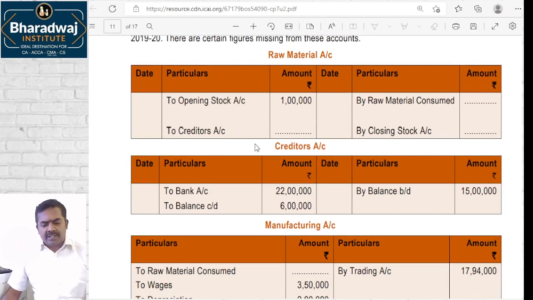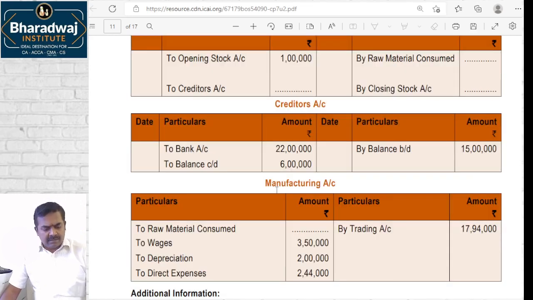Which account can we start with? Creditors account. Start. By balance brought down 15 lakhs. Record it, just re-prepare. That's all. By balance brought down 15 lakhs, to bank 22 lakhs, to balance carried down 6 lakhs.